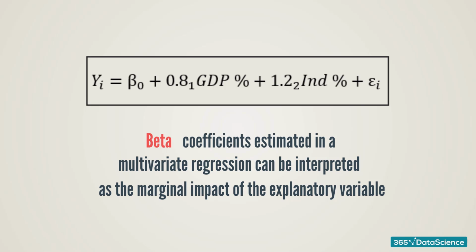So, if we've obtained a regression that shows how a stock's expected return is a function of the country's GDP growth and the industry growth rate, and we've obtained a 0.8 beta coefficient for GDP growth and a 1.2 beta coefficient for industry growth, we can say that for every percentage increase of GDP growth, the company will be expected to earn 0.8% more if the expected industry growth remains the same. The expected return and the GDP growth are interrelated in this regression, and we cannot interpret one without the other.